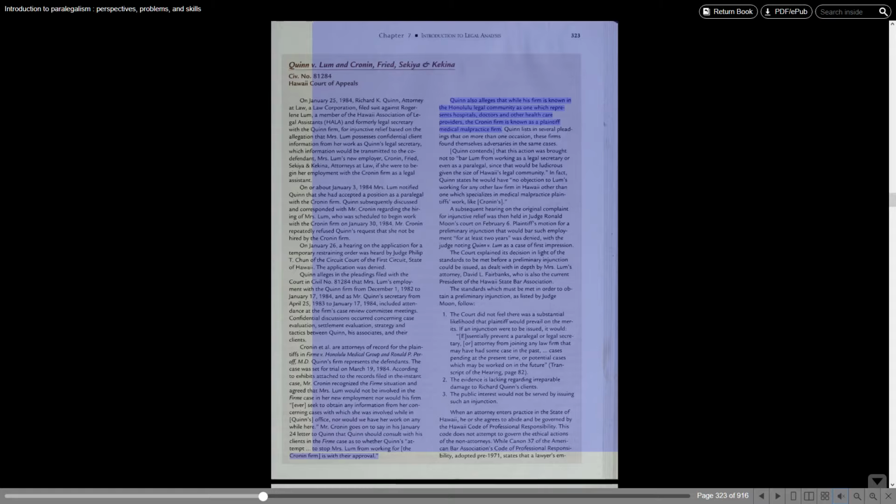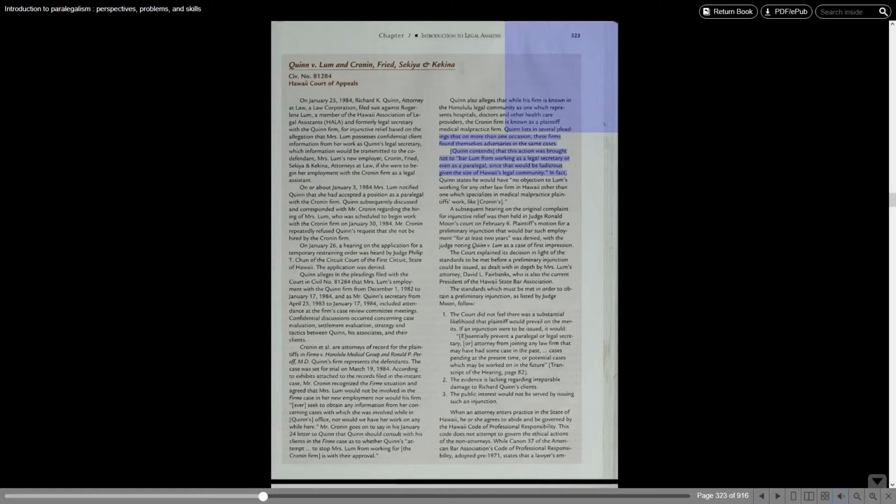Quinn also alleges that while his firm is known in the Honolulu legal community as one which represents hospitals, doctors and other health care providers, the Cronin firm is known as a plaintiff medical malpractice firm. Quinn lists in several pleadings that on more than one occasion, these firms found themselves adversaries in the same cases.